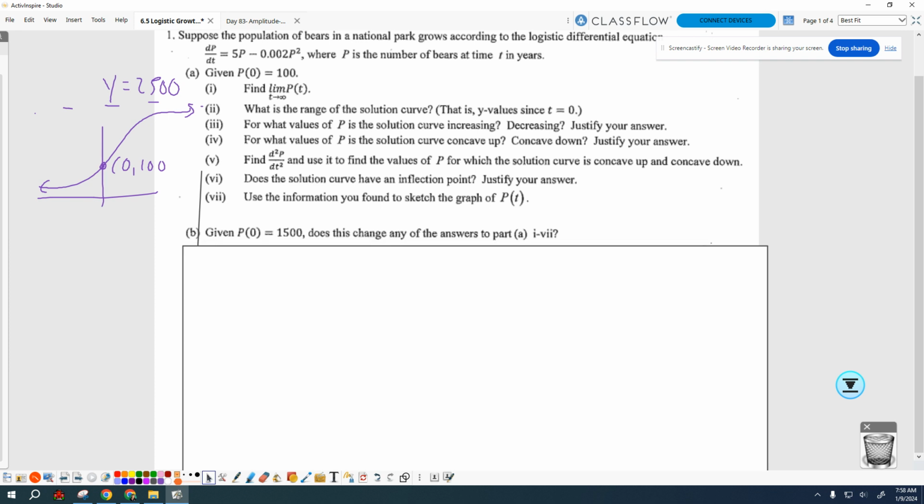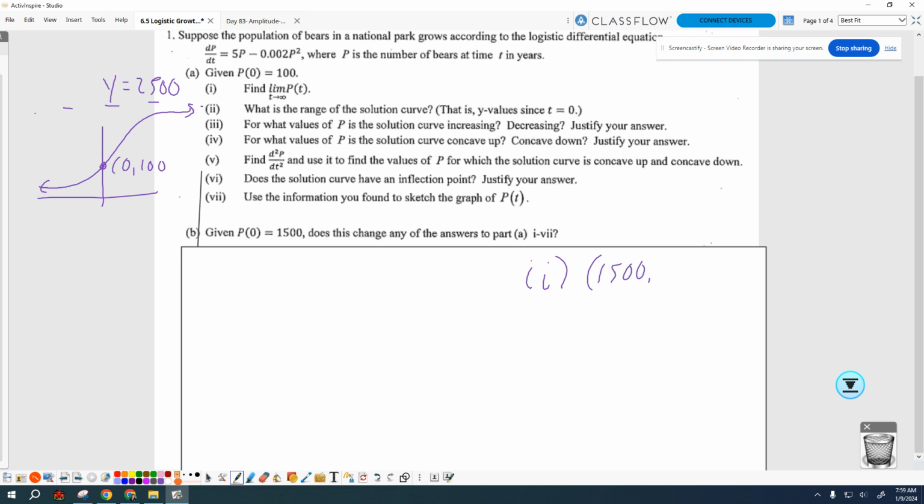But the one little thing I wanted to get at here, part B says, these other people discovered this bear reserve when there were 1,500 bears on it. Does anything change? Yes, absolutely. What changes? Well, first off, the maximum carrying capacity changes. Does it? Actually, no. That doesn't.